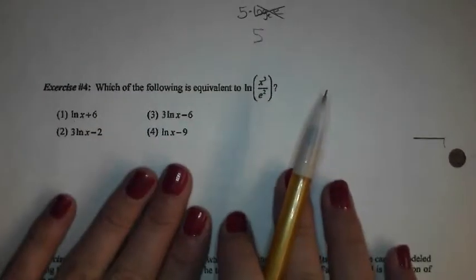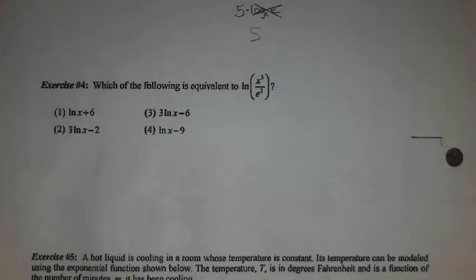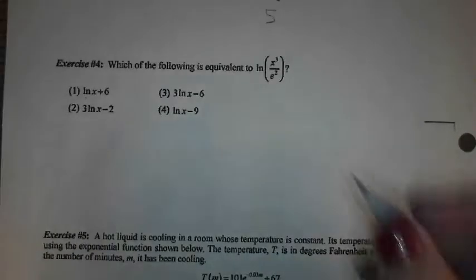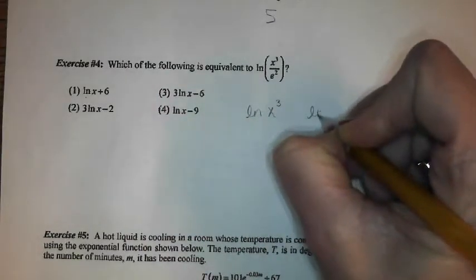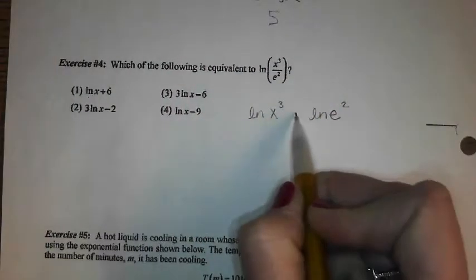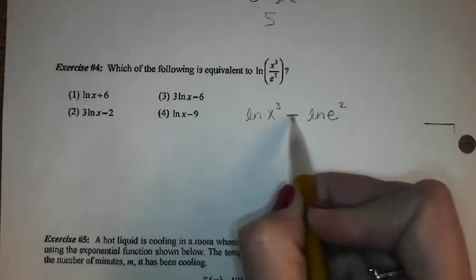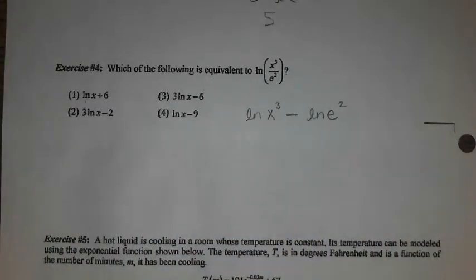So those rules that we learned before break about logs and how to expand and condense, natural logs are still logs, right? So division turns into what operation? Do you remember? Subtraction. Very good. If we're going to expand that, the division turns into subtraction.